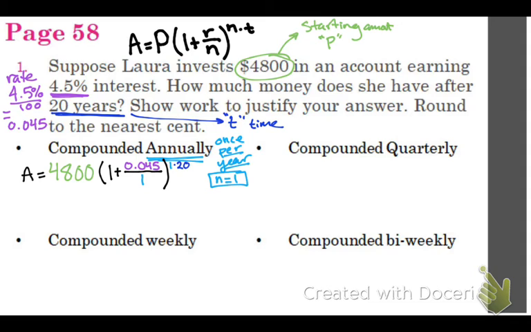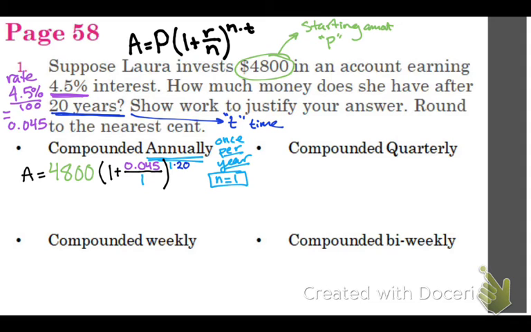Everyone should have a calculator in front of them. If you don't, you can pull up Desmos on your phone, that graphing calculator, or we can just pass them along once we're done. What's going to be really important is that you practice putting these equations into your calculator, because on a test, you will need to know how to use your calculator to find this answer.